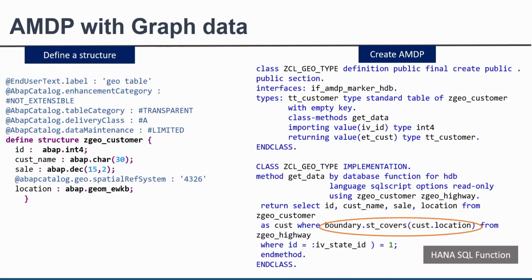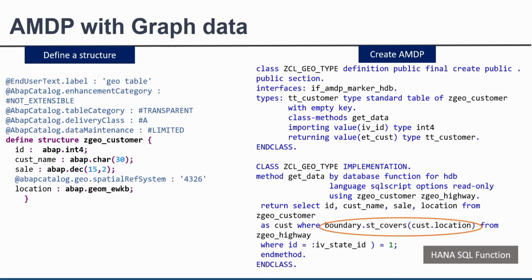It helps me understand which customers are within a boundary of 100 kilometers from the highway. This is how I can find the customers who stay within 100 kilometers of that particular highway using this select statement.